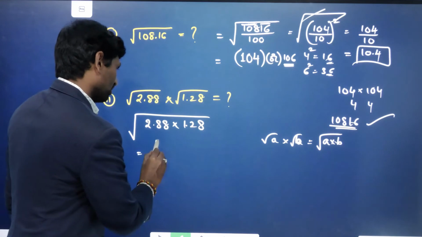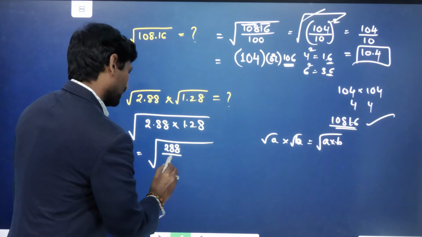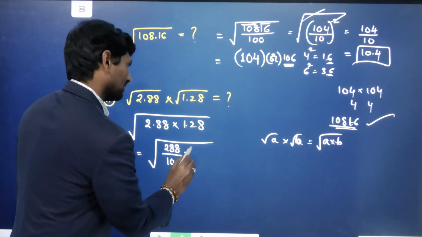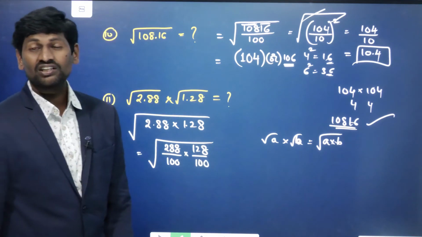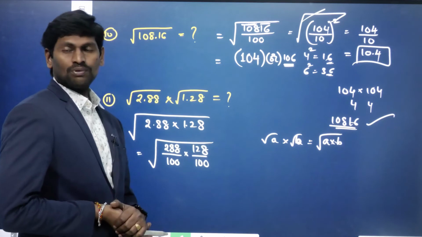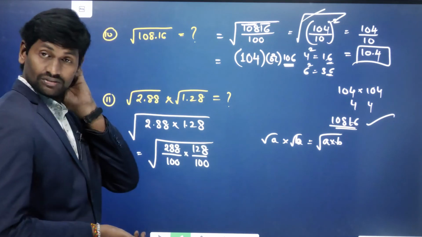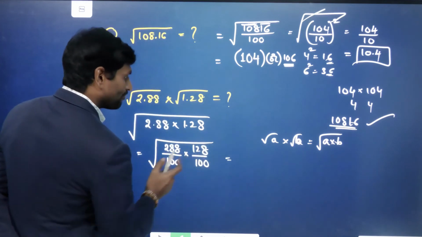Now convert them into fractional form. 288 by 100, 128 by 100. Because 288 is not a square number, it is not a perfect square. Same way 128 also not a perfect square. So we need to identify this. Okay. So denominator both are hundreds.